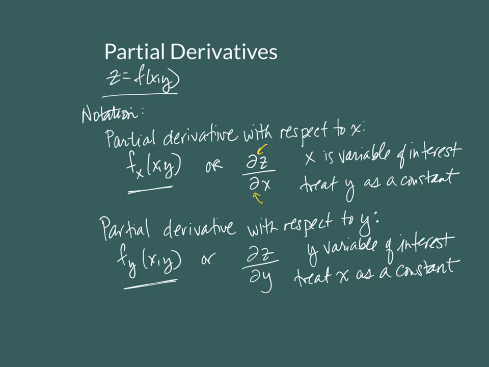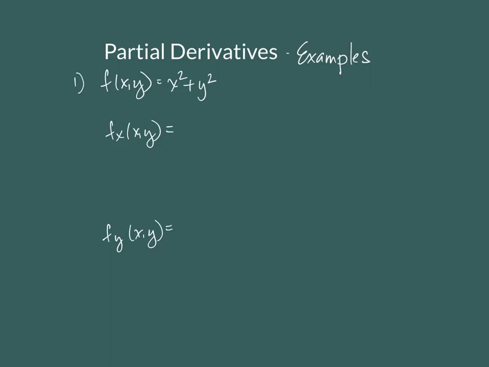Basically, the way that we're going to do this is we're just going to look at some examples to see how this works. Here's our first example. We're dealing with the function f of x, y equals x squared plus y squared. If we look at f sub x, the partial of f with respect to x, we're going to treat x as our variable of interest, and y is going to be treated as a constant.